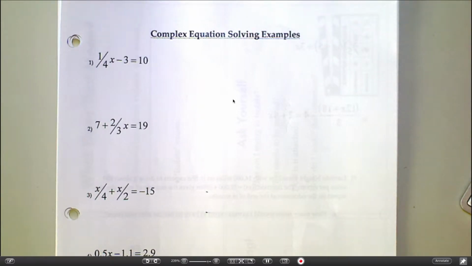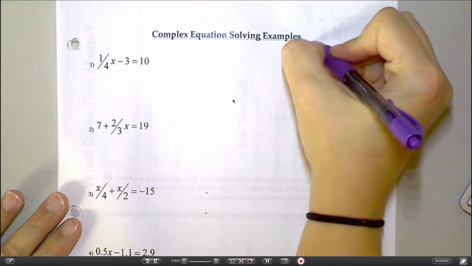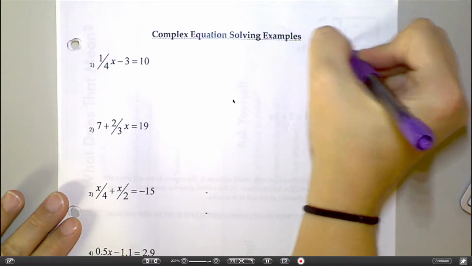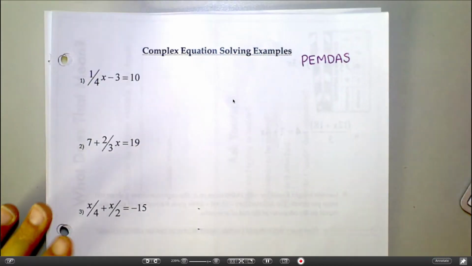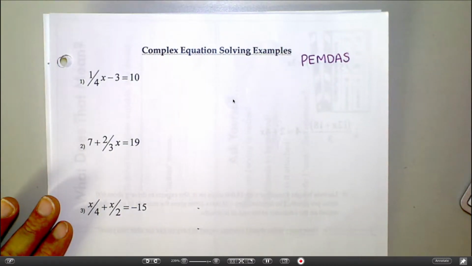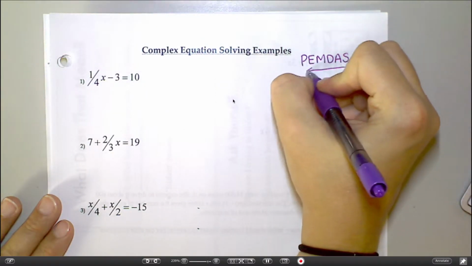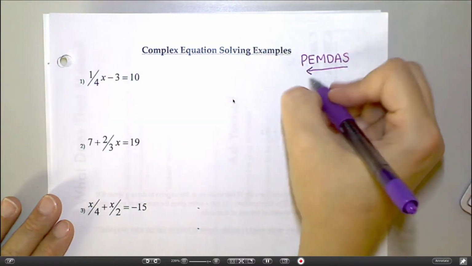So you're used to using PEMDAS as your order of operations. You're going to want to jot this down. For equation solving, you're doing everything backwards. So you are undoing everything in reverse order. You're going to hear me say SADMAP.